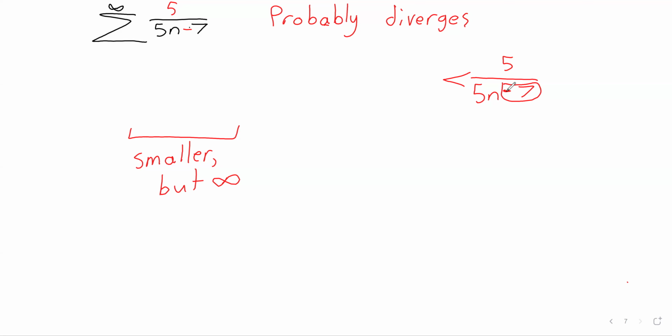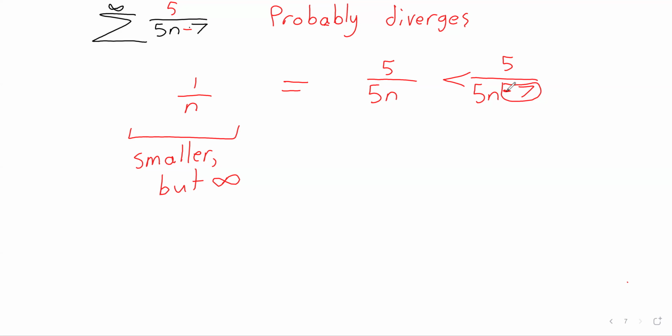We've got that -7 term. If we got rid of the subtraction, that would make the denominator bigger and it would make the entire fraction smaller. 5/5n is 1/n, and we have accomplished our brief. 1/n is the harmonic series.